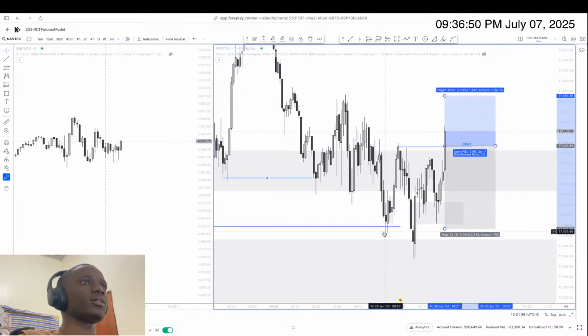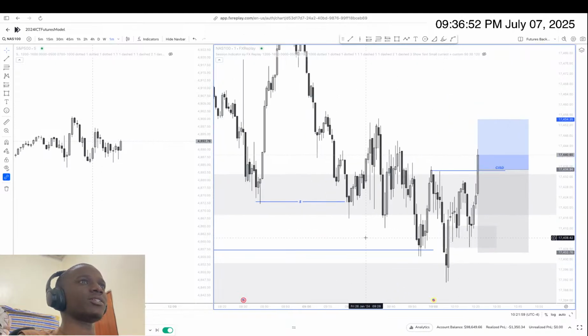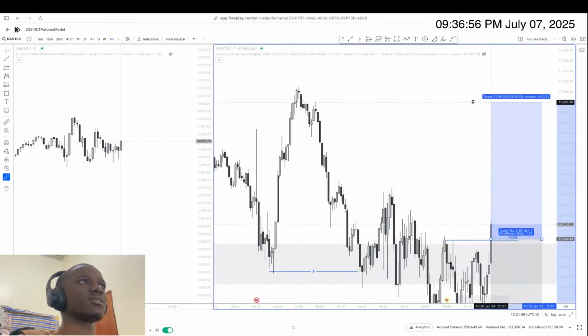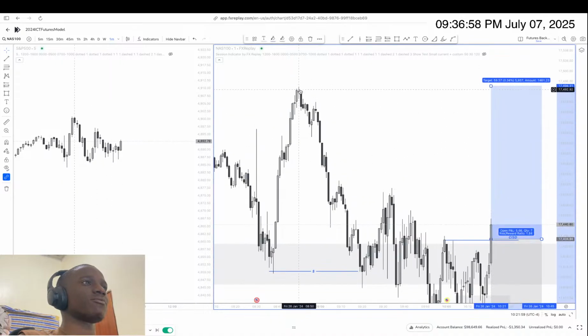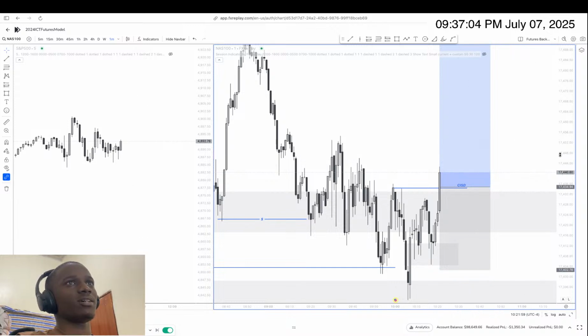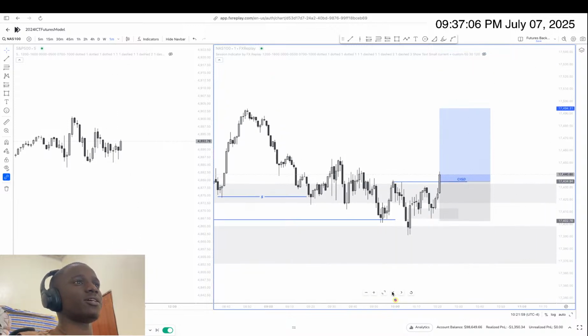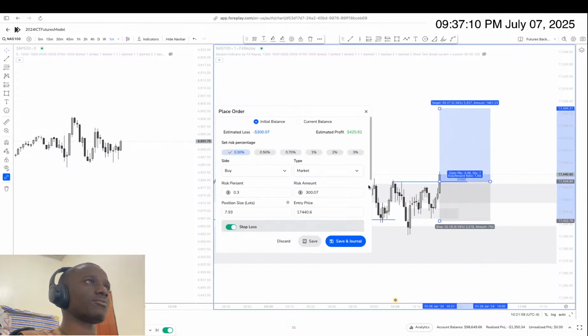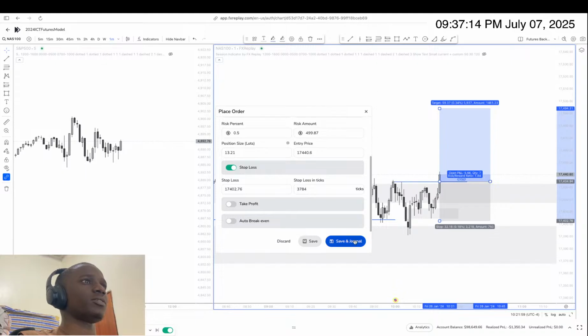Stop loss here below the inversion, and my target will obviously be these highs. These highs are from 8:50, before we did the equities open, giving 1.84, and we can even target higher. So let's take this entry. I'll be risking half, and let's keep take profit open.